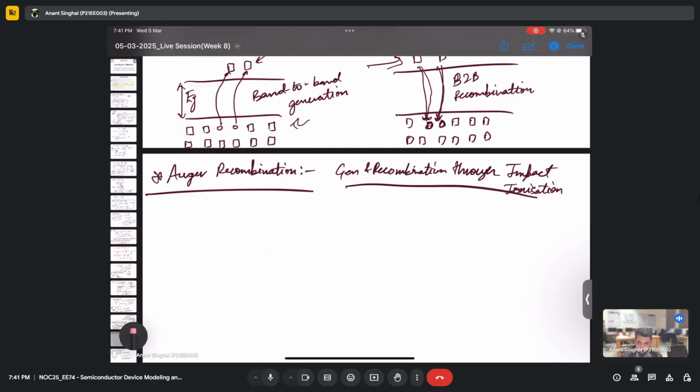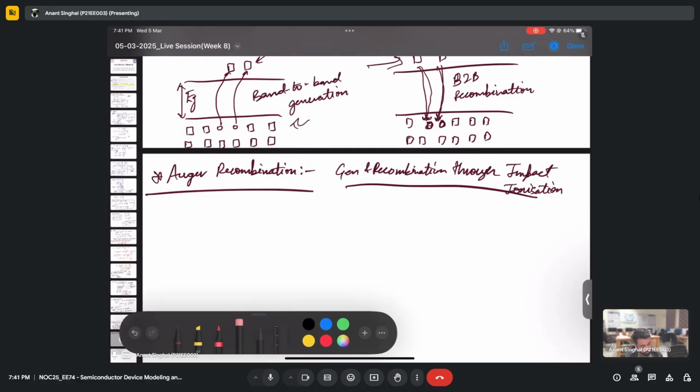Yeah, they accelerate, till then it is right. So what happens after the acceleration? They will collide, right? Yeah, that also affects the gate oxide. Yeah, so you are talking about a MOSFET right now. We are just talking about a material. So that is fine. I mean, no problem.